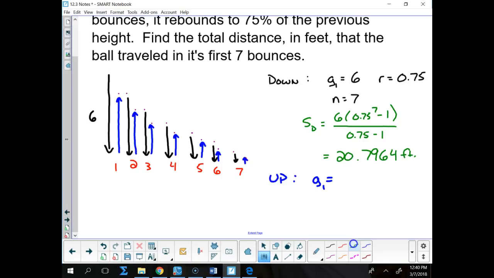What did you say? 4.5. How'd you get it? 6 times 75%. 6 times 75% is 4.5. What's my R value? 0.75. And how many? 7 of them still, right?